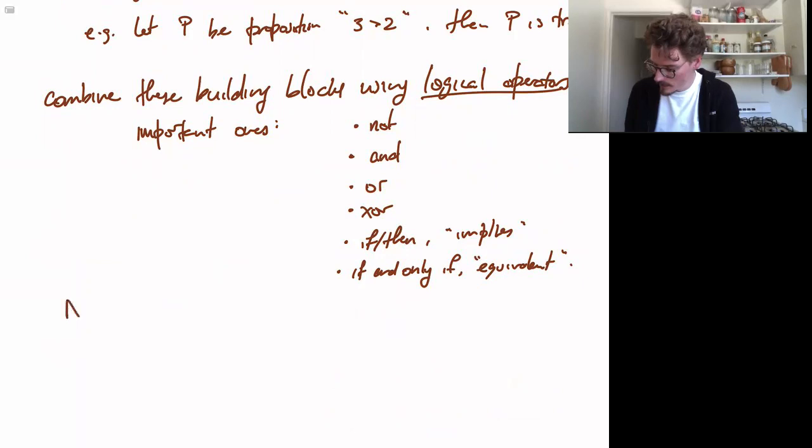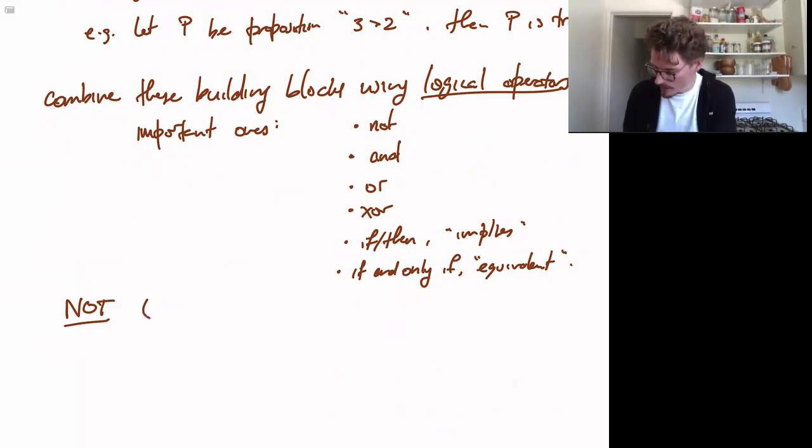So not. This is what it sounds like, although I will say that once you get into more complicated things, which we will do in the next couple of days, it can become quite tricky to figure out what the negation of something is.